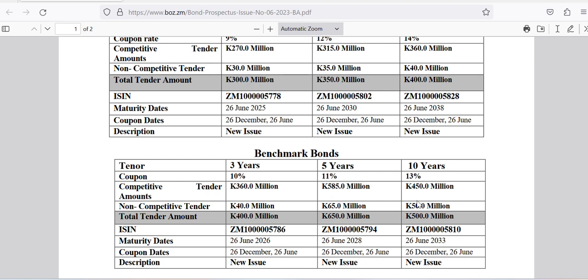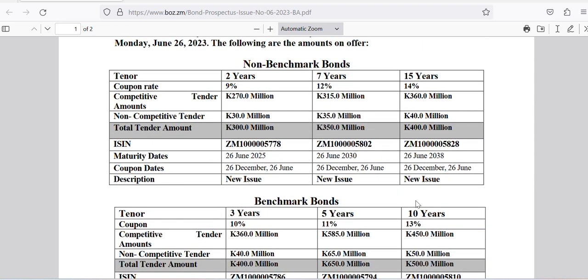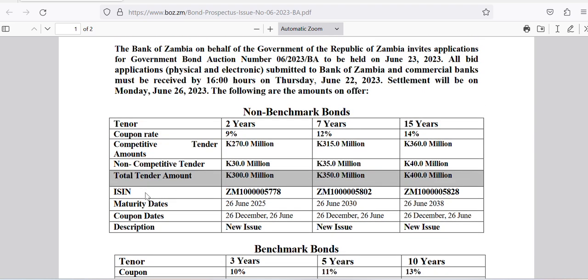The other thing that I want you to see on this document is the maturity date. The maturity date is the length of time from the bond auction date or the bond settlement date to the end of the tenor. When it says the auction will be on a Thursday, settlement will be the following Monday.